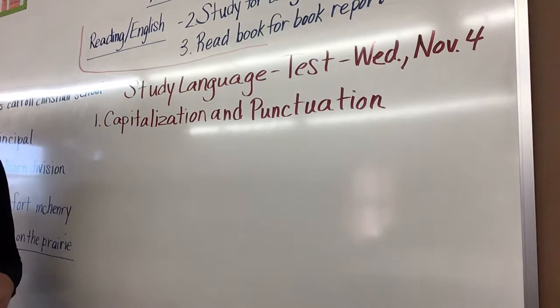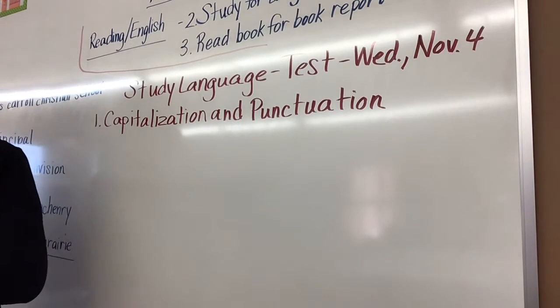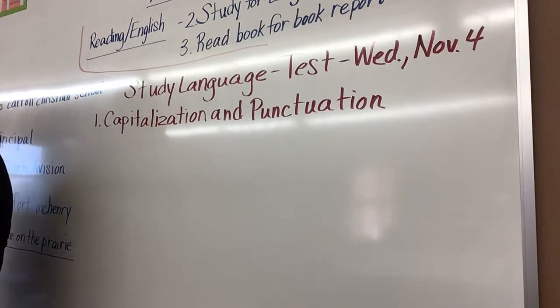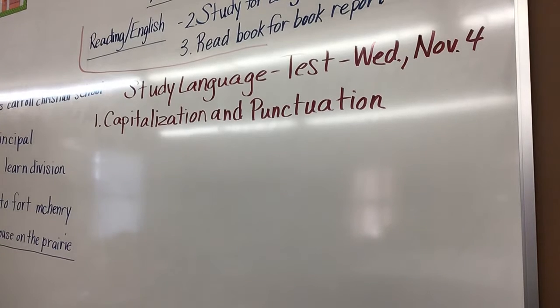One thing is you're going to be given 2 sentences, and they will be the exact same sentence, and you just read both sentences, and then you have to decide which sentence is correct. Which one has correct capitalization and correct punctuation. One of them will be wrong. And hopefully it will be blatantly wrong.